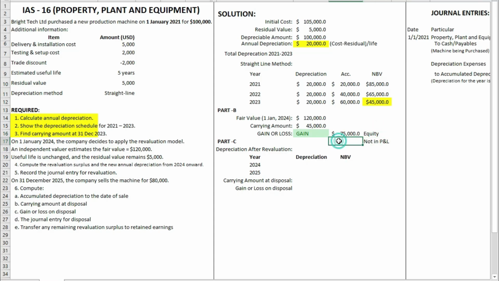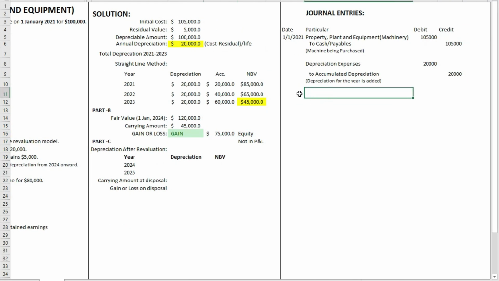Okay, so now what will we do? We will again pass the journal entry for accumulated depreciation. So what will be the journal entry? Accumulated depreciation will be debited, and it was 60,000.